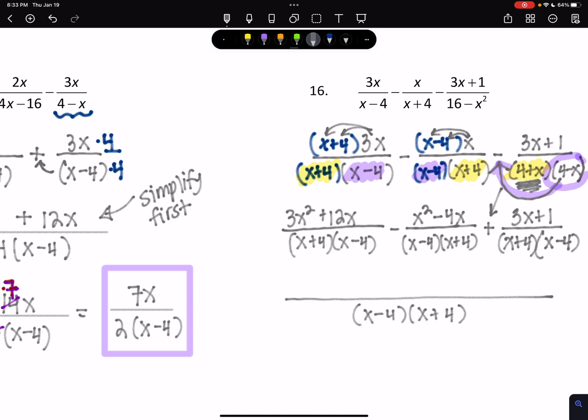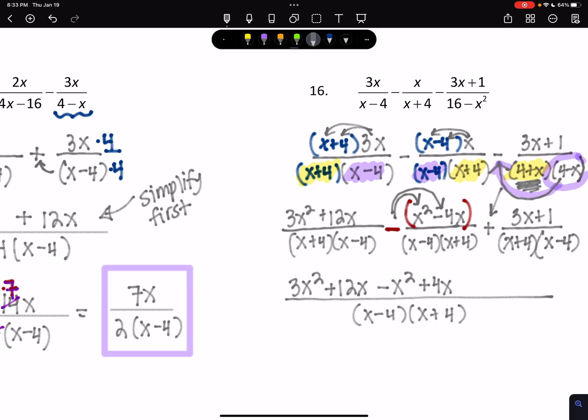Before I start adding and subtracting, I have this subtraction sign right here, and I'm going to have to subtract all of that numerator. So I'm going to write that out so I don't miss a sign. 3x squared plus 12x, and then I'm going to subtract all of x squared minus 4x. So I'm going to have minus x squared plus 4x.